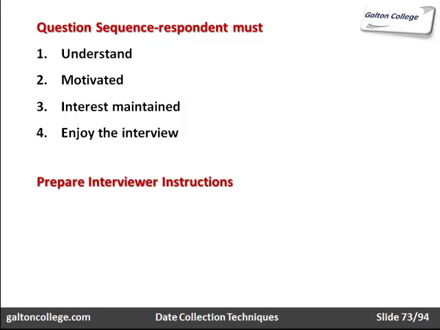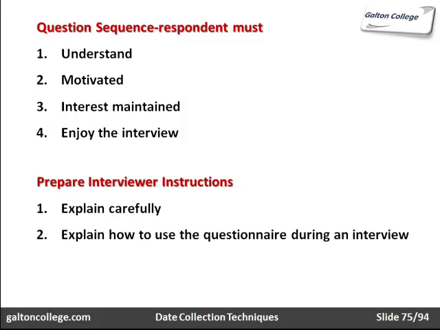The interviewer instructions, well, the interviewer should be very well trained and briefed on what is required. How to use the questionnaire should be understood during the interview.